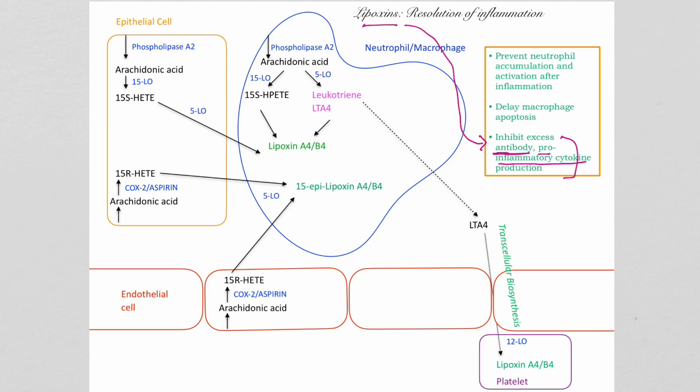Because we know now if inflammation is not stopped, that leads to chronic inflammation, and chronic inflammation is known to be a cause for many, many diseases in humans. So it's not surprising that today a lot of pharmaceutical companies and scientists are studying these lipoxins very carefully so that we can use them to stop chronic inflammation that has been associated with many human diseases.